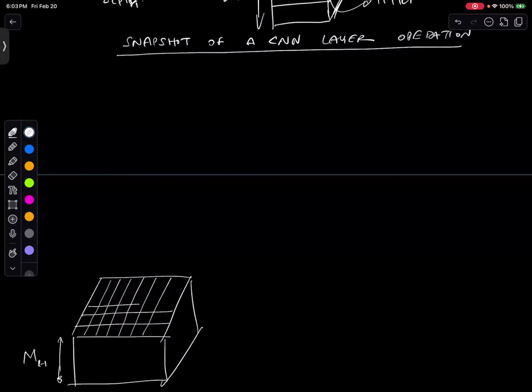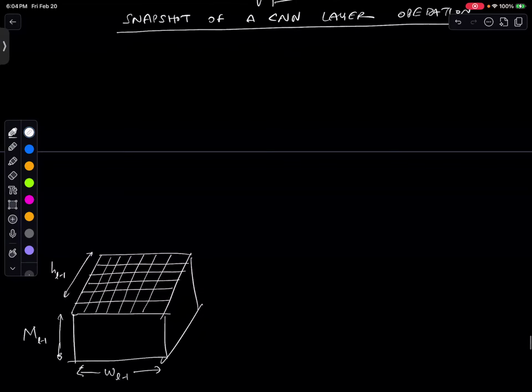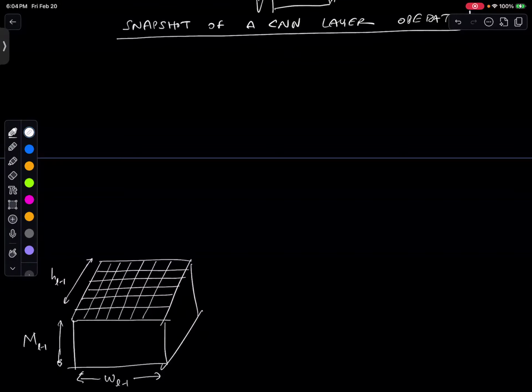And if it is the very input of the CNN, it will have as many pixels as the input image. But over here, I'm going to generally call this H_{L-1}. And this guy I'm going to call W_{L-1}, the width. Okay, so I hope that that's basically the input feature map, in the general form of an input feature map. Now, the input feature map will at some point become an output feature map.